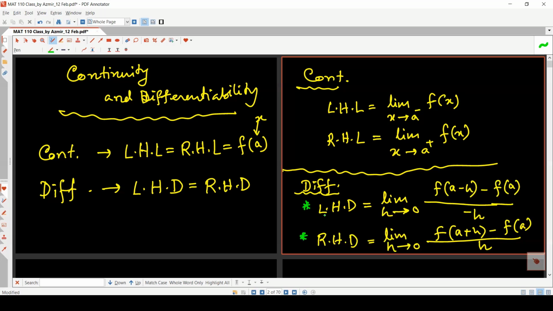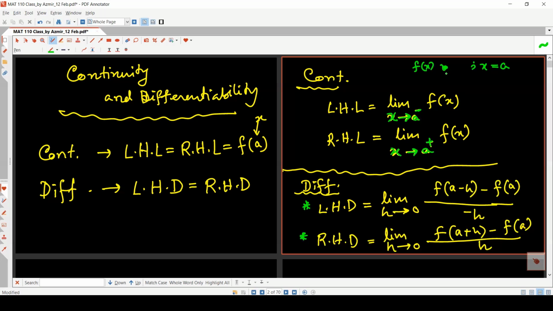So whenever we are going to check whether a function is continuous at x equals a or not, then we are placing here x tends to a minus, x tends to a plus.